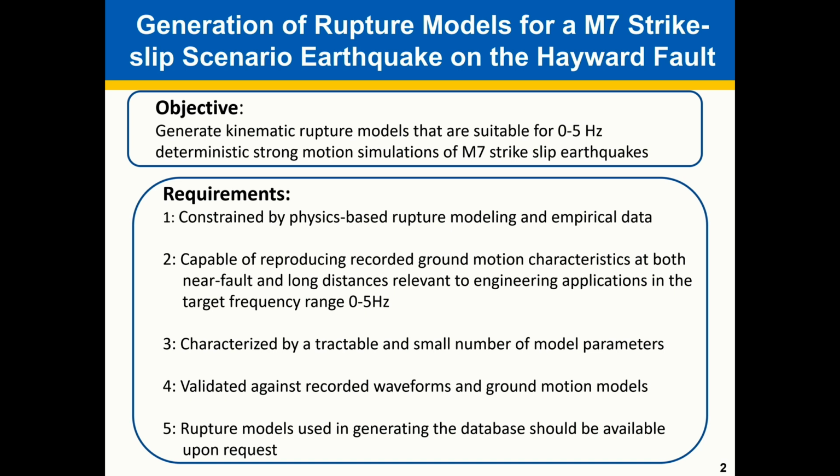There is also a requirement that we need to have rupture models that can be controlled by a limited number of parameters. Those parameters have to be very clear so that the users of the software can easily adapt those models to their needs. They need to, of course, validate it against ground motion, and that's what I will focus a little bit on today, and also as Dave mentioned.